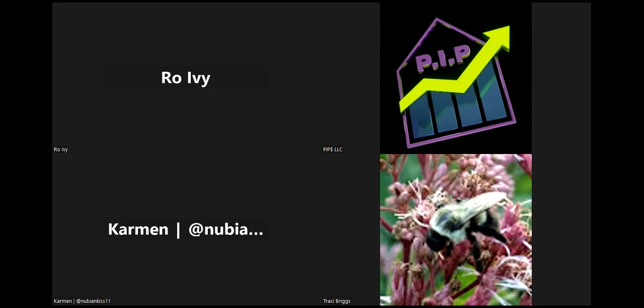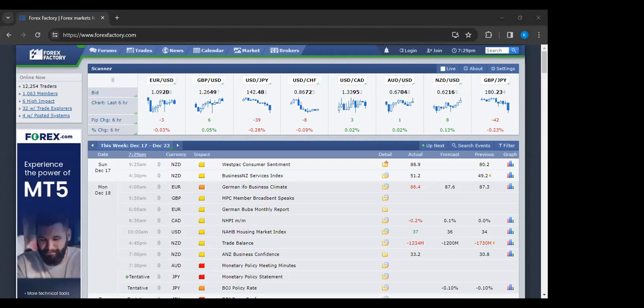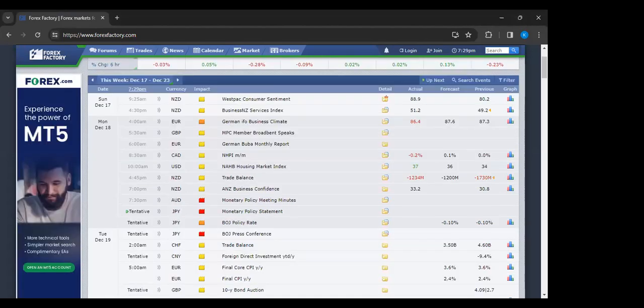With the Forex Factory calendar, I'm going to share my screen so that you can see it. All right. So this week in the Forex Factory calendar, we are gearing up to head into Christmas, head into the end of the year. And with heading into the end of the year, obviously now is that time to tidy things up.